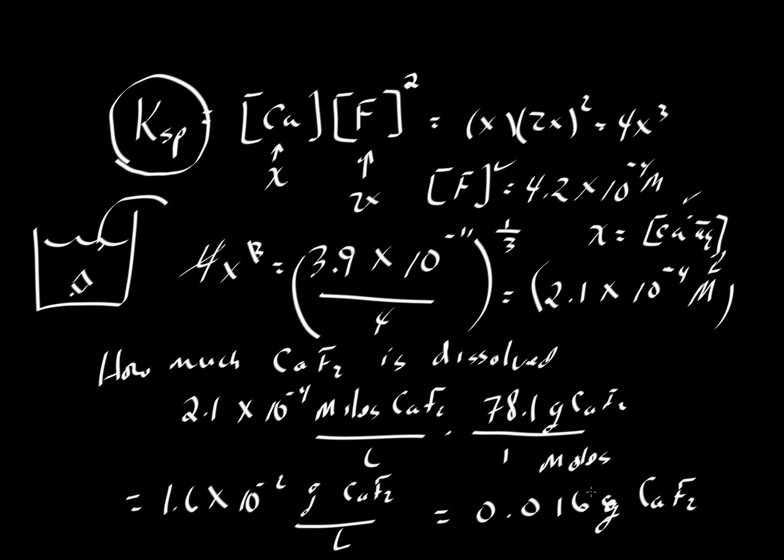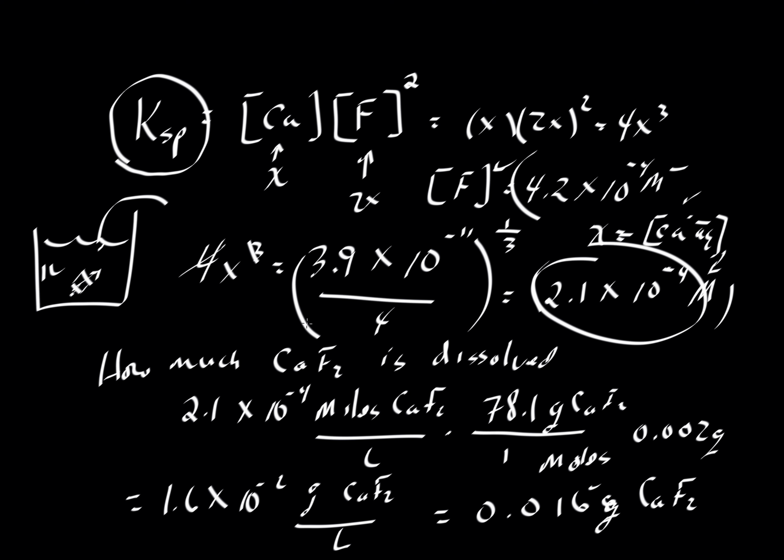If, let's say, we put in less than 0.016 grams of fluorite into 1 liter of water, let's say 0.02 grams of fluorite, all of that material will dissolve. There will be no calcium fluorite left here. It'll all go into solution, and then the concentrations of fluorine and calcium would all be less than what we've calculated here and here.